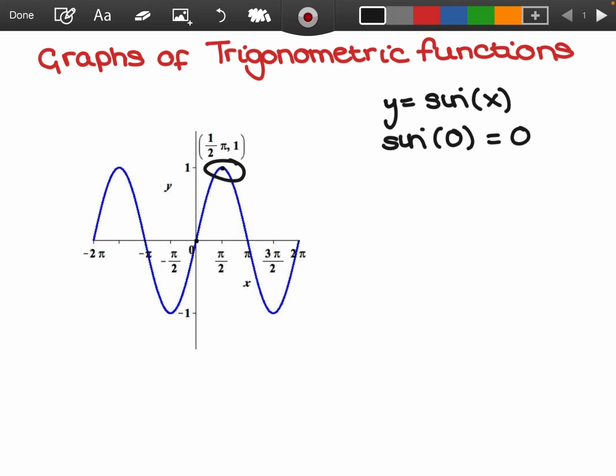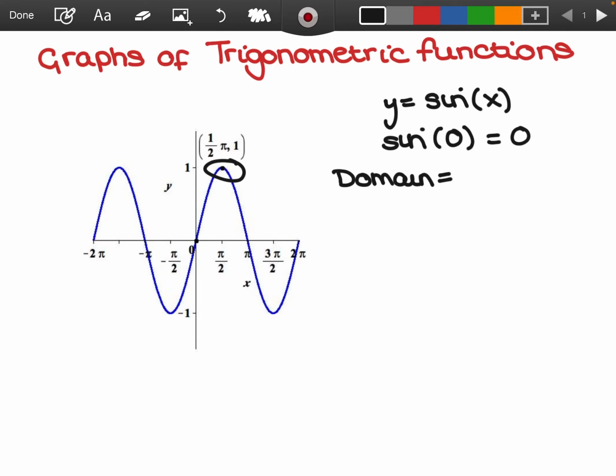So on the unit circle, sine of the angle is my y coordinate, and my y coordinate at that point is 1. Okay, so all of these points correspond to exactly what we had from that unit circle. Okay. What I want to look at first is the domain. What x values can I plug in here?